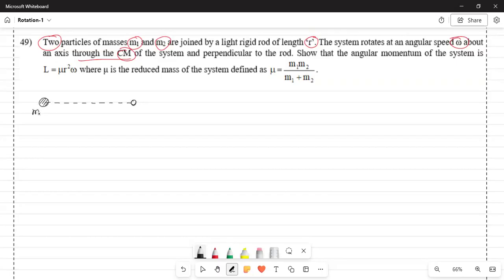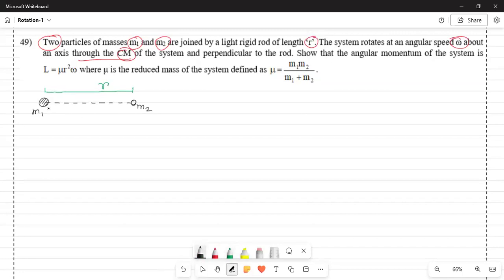Let's say this is M1 and this is M2. And the length of the rod, from here to here, is R.